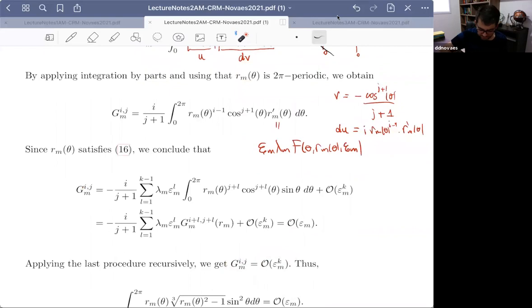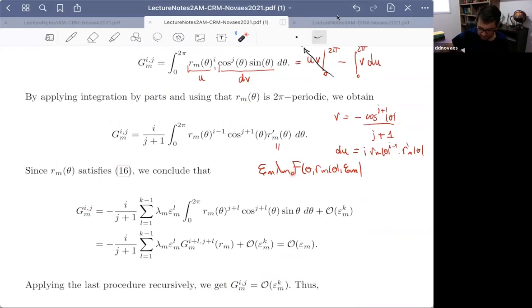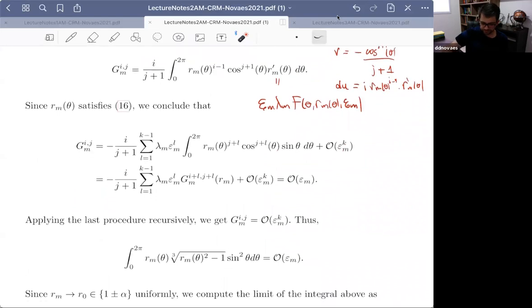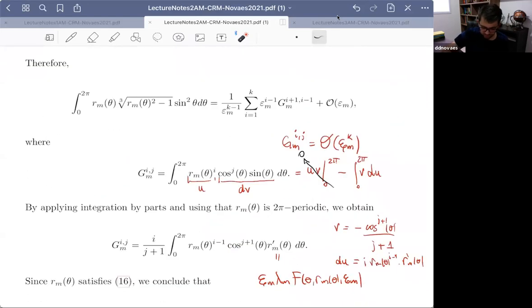Okay, we cannot improve this order because when I do the substitution of f, then we already have an order epsilon m power 2k. So this cannot be improved. Then I can just increase the order of gmij until epsilon m power 2k. Okay. Well, so let's see.